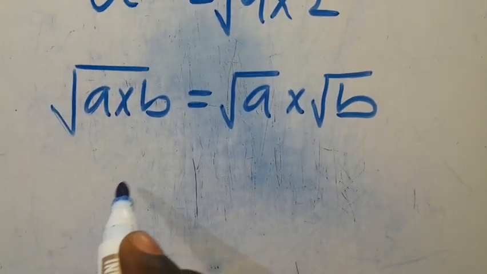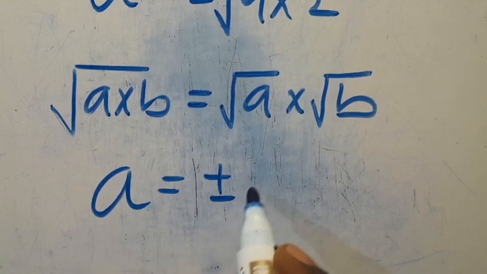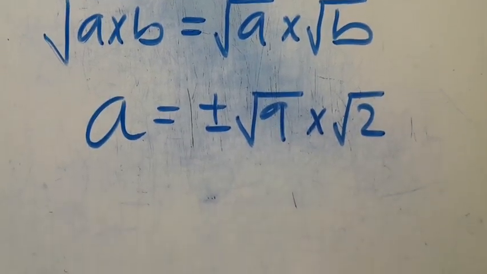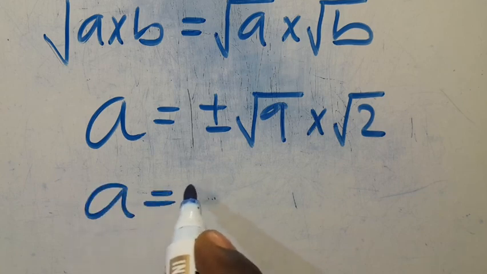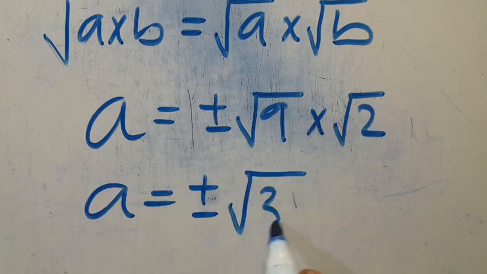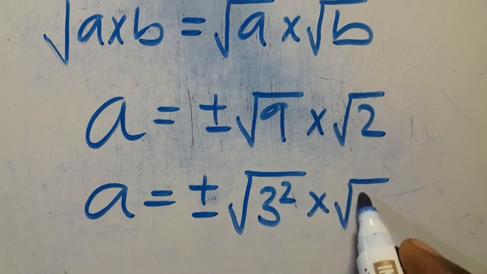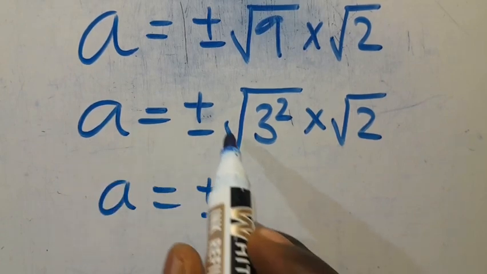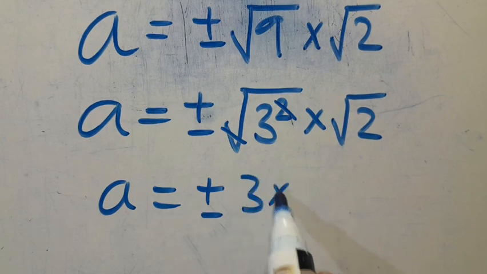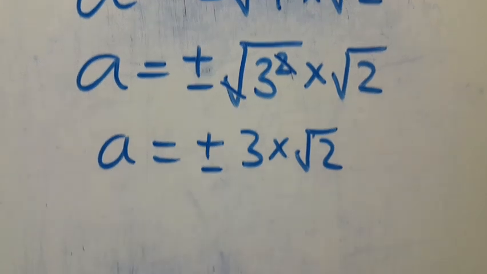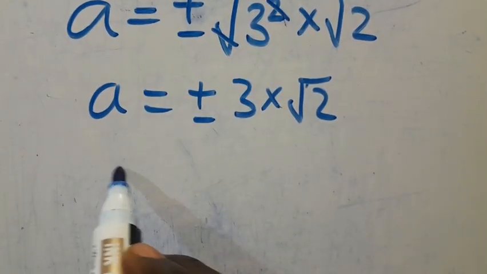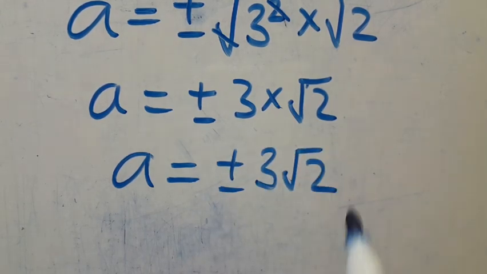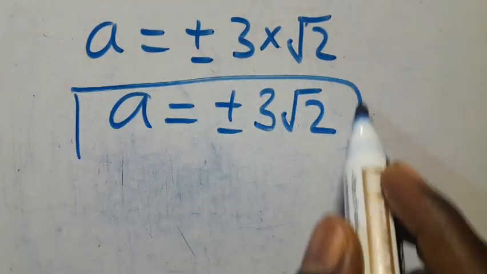We have A to be equals positive or negative root of 9 times root of 2. We have A to be equals positive or negative root of 3 to the power of 2 multiplied by root of 2. We have A to be equals positive or negative. This and this will cancel, so we have 3 multiplied by root 2. So from here we have A to be equals positive or negative 3 root 2 as this.